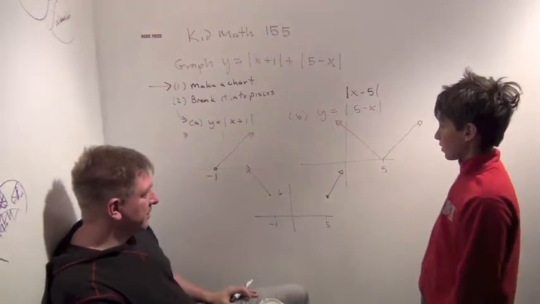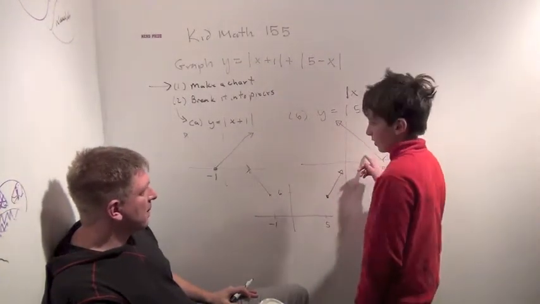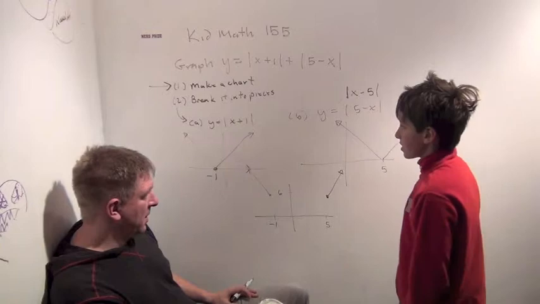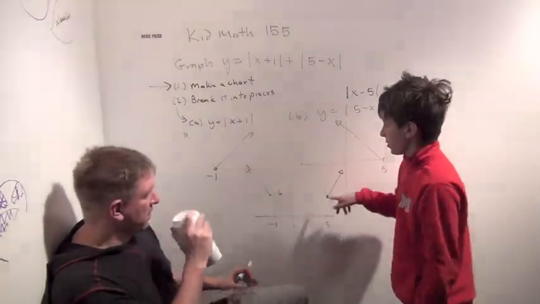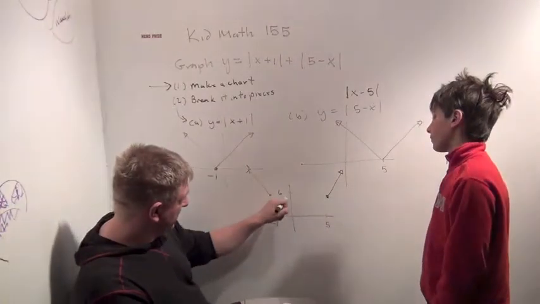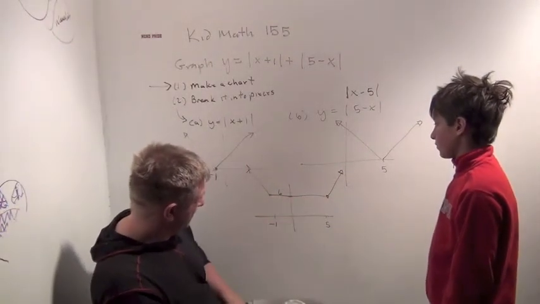What's it going to be in between? Well, that's when these two intersect, so this is a slope of 1 and this is a slope of minus 1. So it's going to be a slope of 0, at height 6.